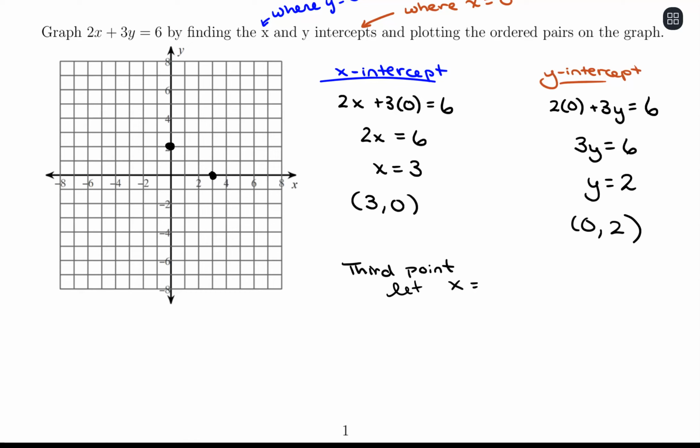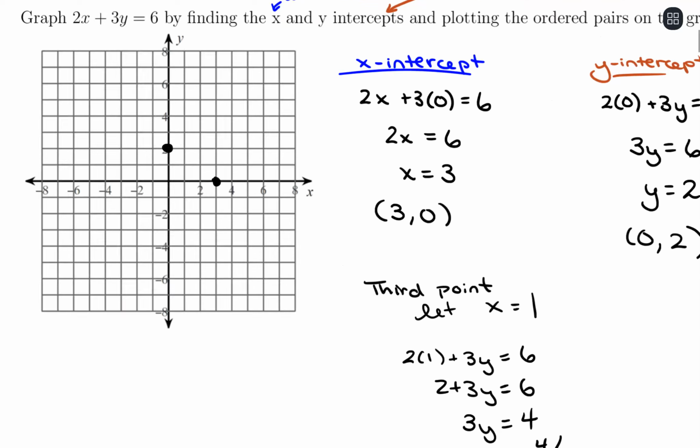We just wouldn't want to use x equals 0 or x equals 3 because we have those 2 values. Let's let x equal 1 and just see what that does. So we'll have 2 times 1 plus 3y equals 6. So 2 plus 3y equals 6. 3y equals 6 minus 2, which is 4. So y is equal to 4/3 or 1 1/3.